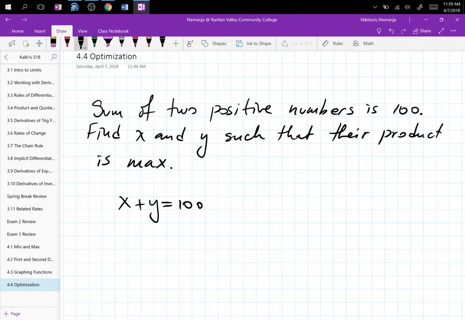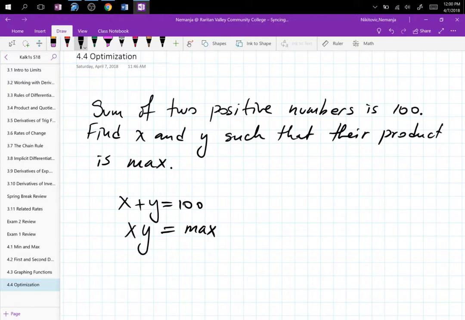Now, second sentence: find x and y such that their product is maximum. How would you write that? Product of x and y. X times y is max. There we go.